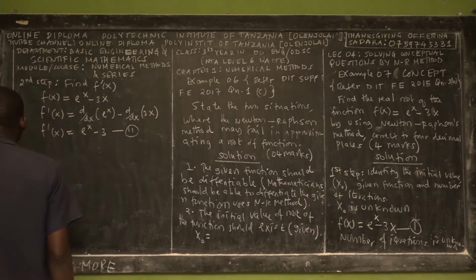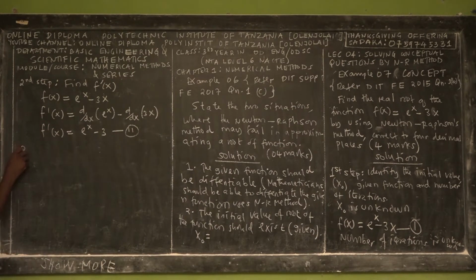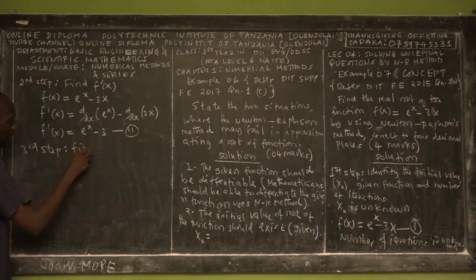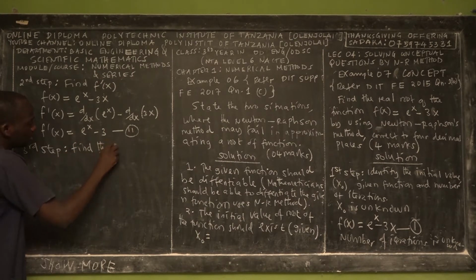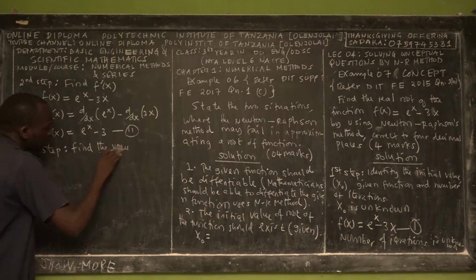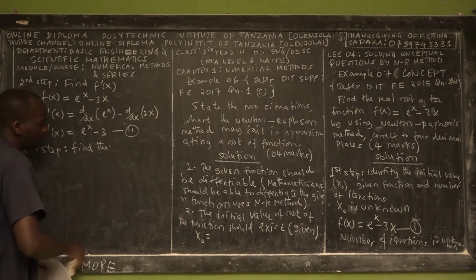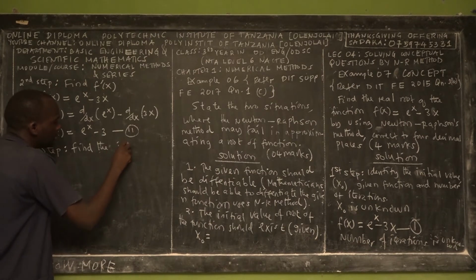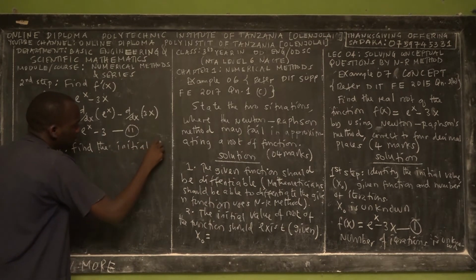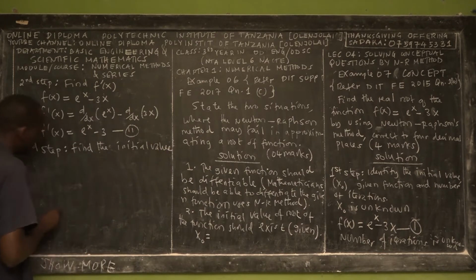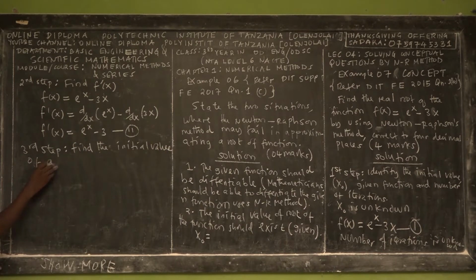So now let us deal with another problem, or the hardest problem, step 2, the third step. Find the initial value of the closest root.